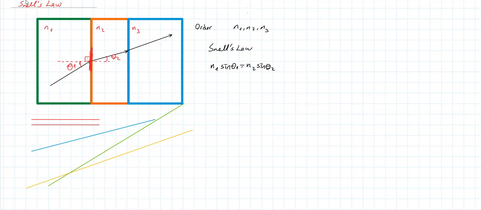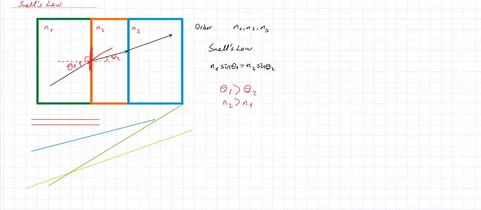To see it more clearly, I can also draw the extension of this incident ray and see if the ray gets closer to the normal or not. For this refraction, I can easily see that theta 1 is greater than theta 2. Then I can say that N2 is greater than N1 because the higher angle has the lower index.